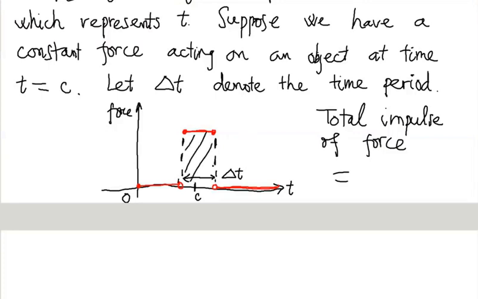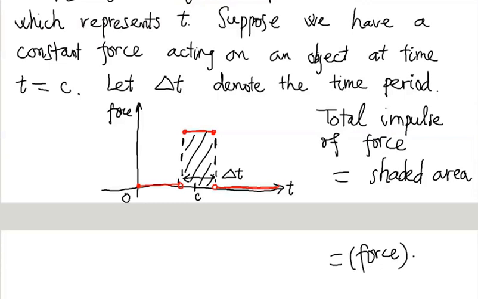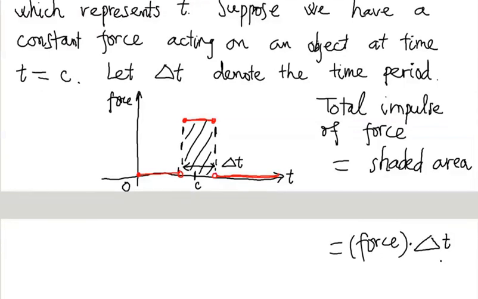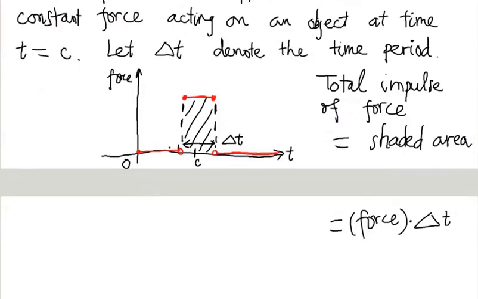So basically, this is the area we're looking at, the shaded area, which means that we have the force, whatever amount it is, times delta t, the time period that the force is acting.